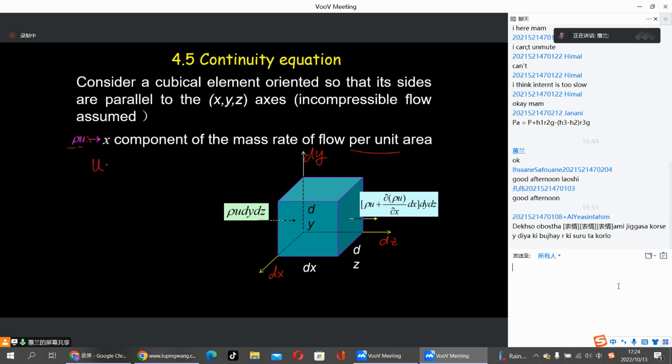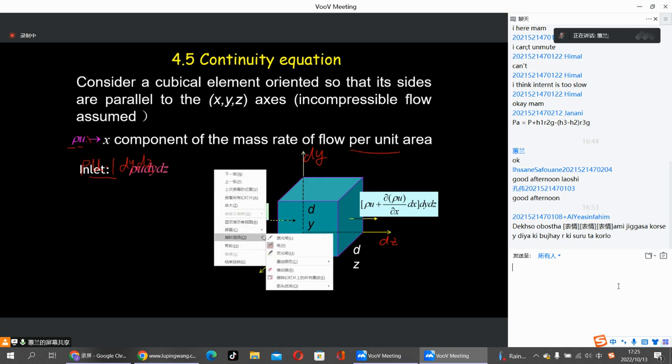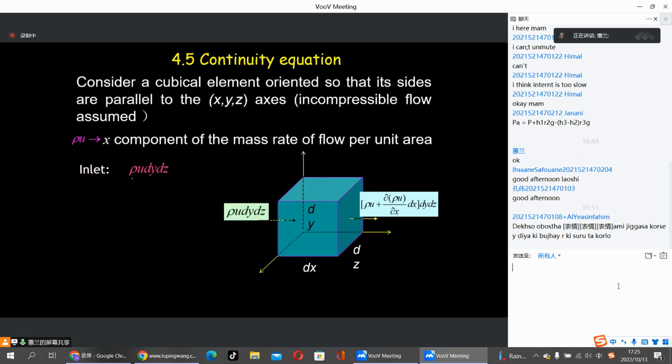So u times the area will be the volume flow rate, times density will be the mass flow rate or mass flux, and then times the total area. Because the element is microscopically small, the inlet mass flux will be rho u dy dz.